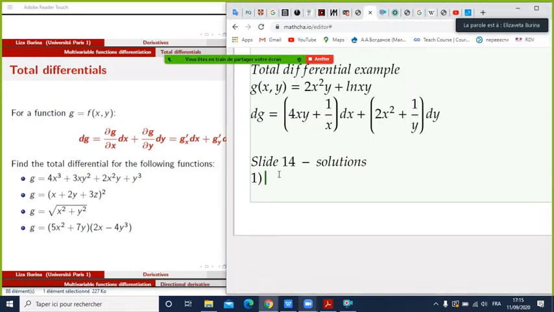We're starting with the first dg. Here the derivative itself is simple, just get used to this notation of something dx, something dy.